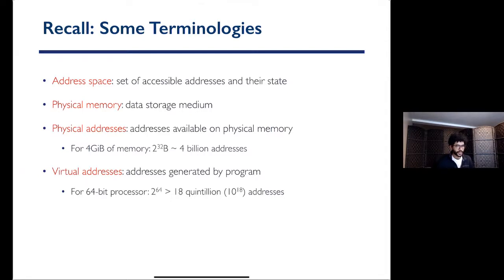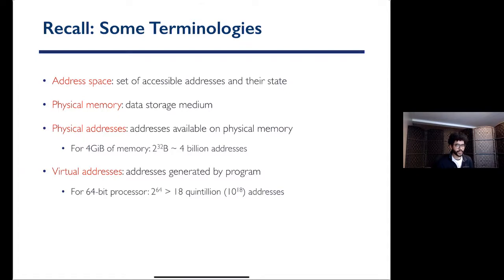Okay, so just a recall, this is from the operating system concepts. So we talked about address spaces. An address space is a set of accessible addresses and their state, basically what is stored in those addresses. A physical address is basically what you have in your system. It's a data storage medium.